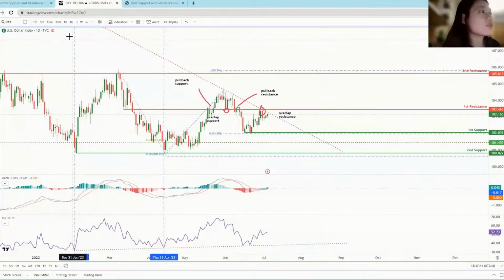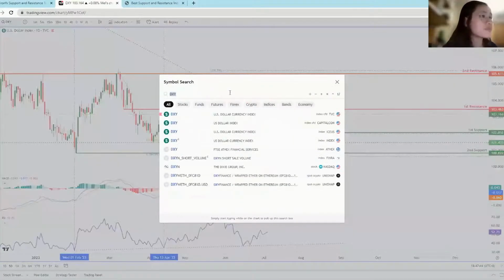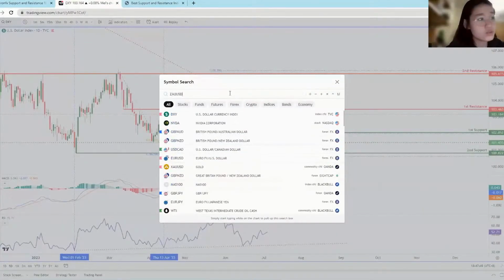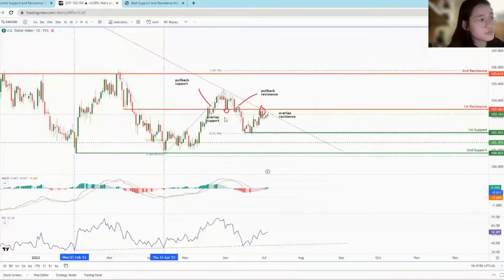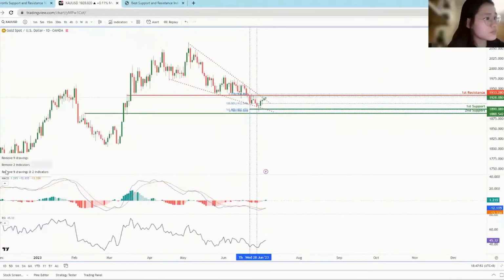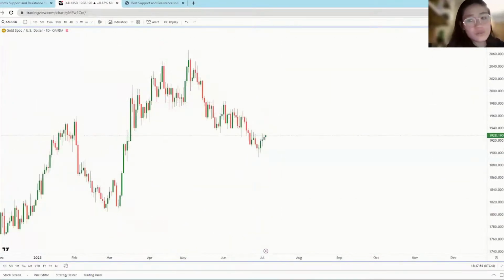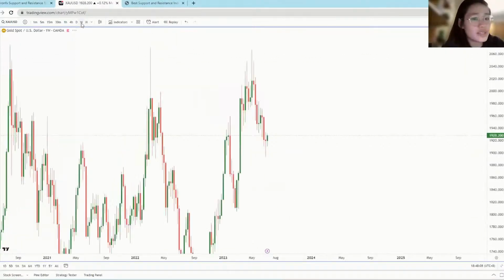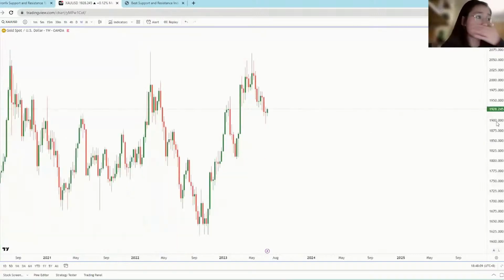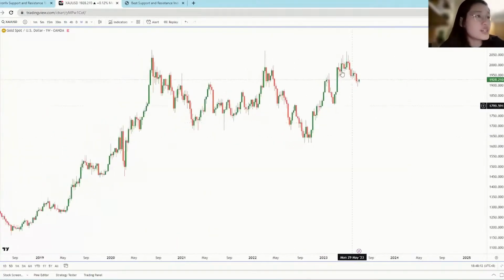Okay, I think I'll go through maybe one more chart for today. Let's take a look at gold. Okay, so same thing, we'll look at the higher time frames first. We can see price reversing off of these three swing highs.